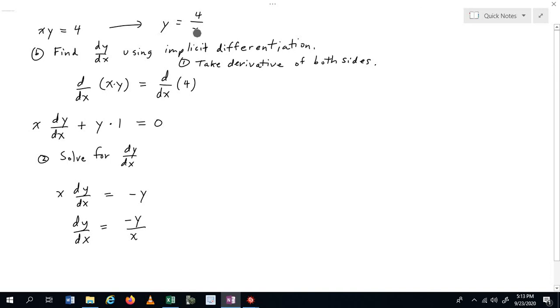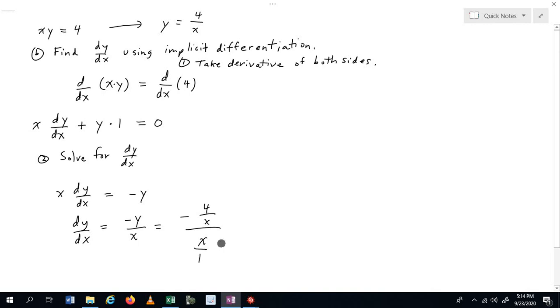So we know y is equal to 4 over x, so we can replace this y. That would be the same as 4 over x divided by x. And if you wanted to simplify this, you can think of this x as being x over 1.